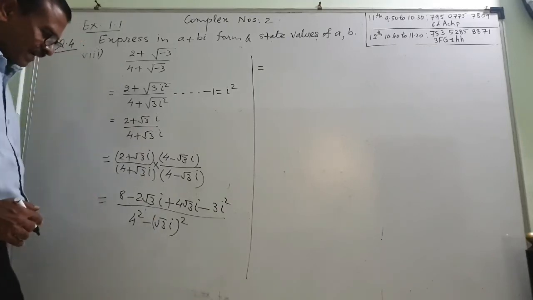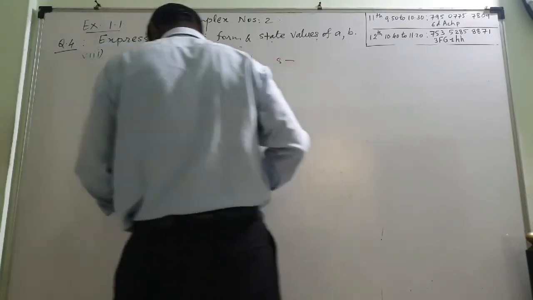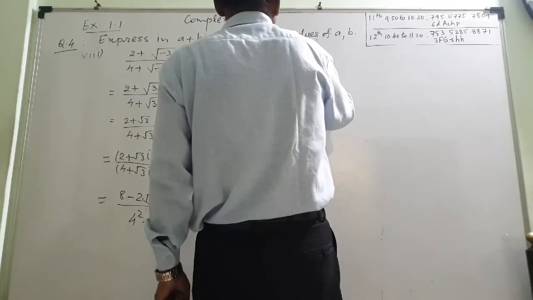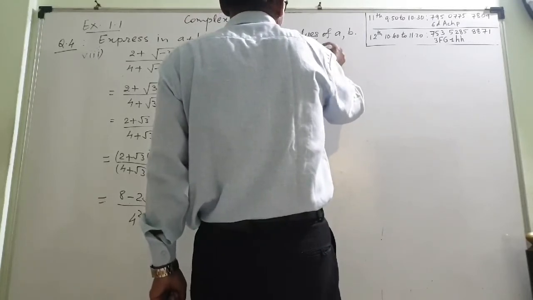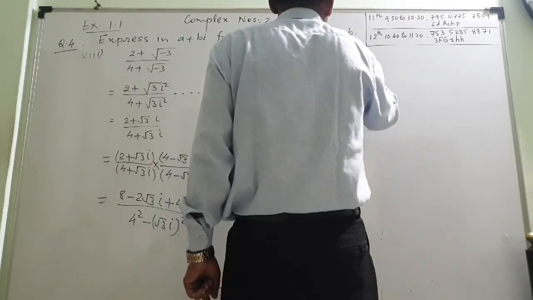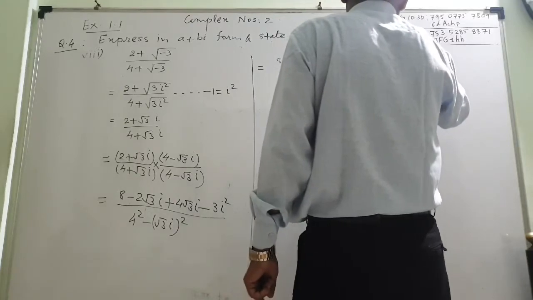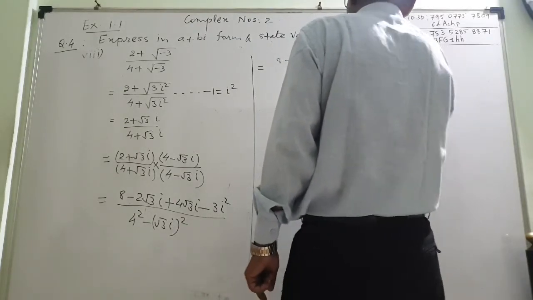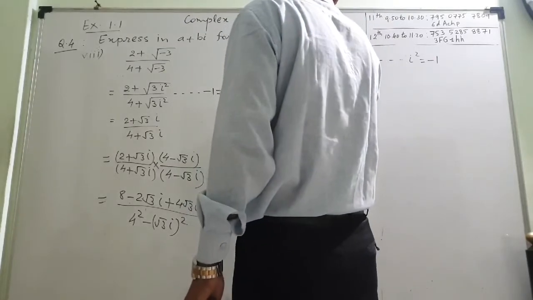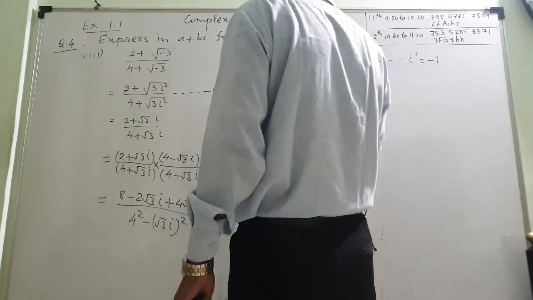Don't forget the standard 8 minus. This is 2 root 3 i. This is minus 3 into minus 1, i square means here i square equal to minus 1, upon 4 square is 16, root 3 square is 3, so minus 3 i square.